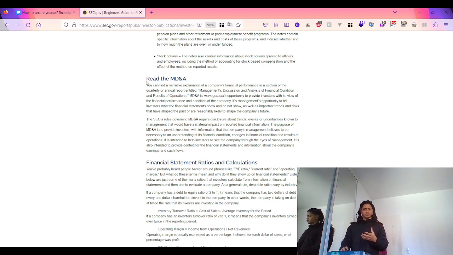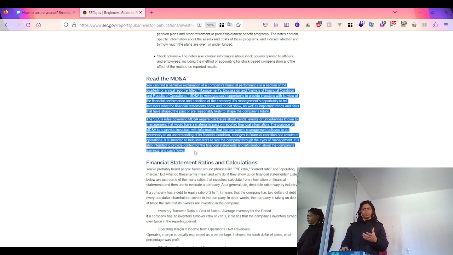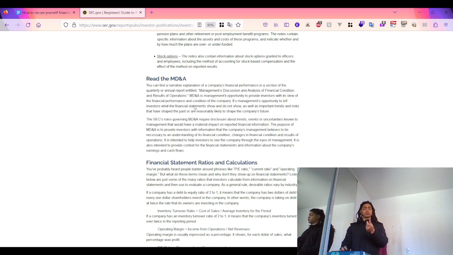So yeah, that's actually something very interesting to look at. There's something called the 10Q, which shows the MD&A, which is the quarterly report that shows you that. Something awesome to look at.